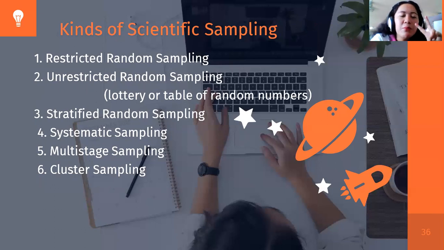So number 3, you have the stratified random sampling. When you say stratified random sampling, you divide your population into strata. So an example of this that will suit the sample proposals of my students would be, let me use the subject as an example for it to be more understandable.